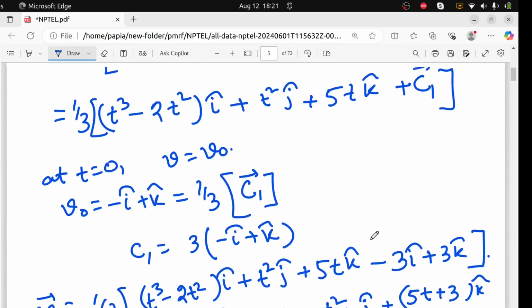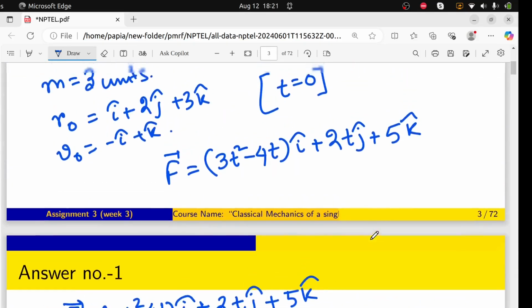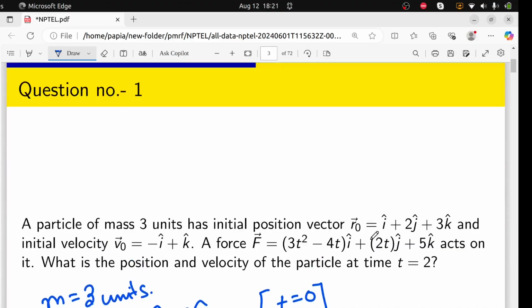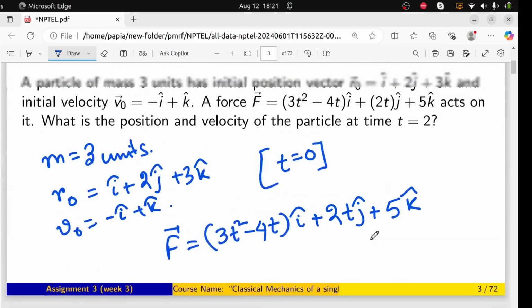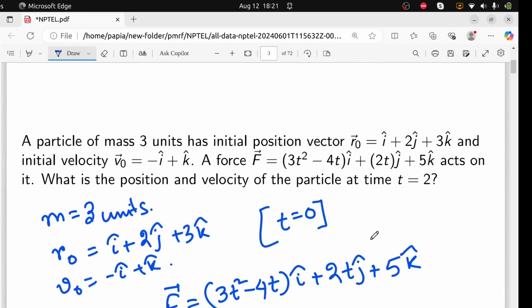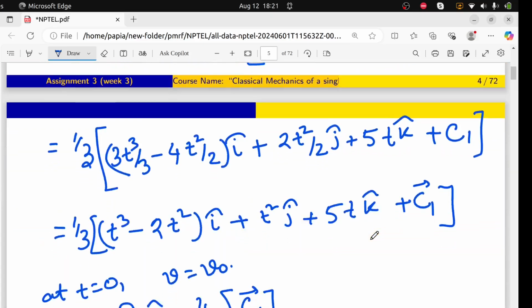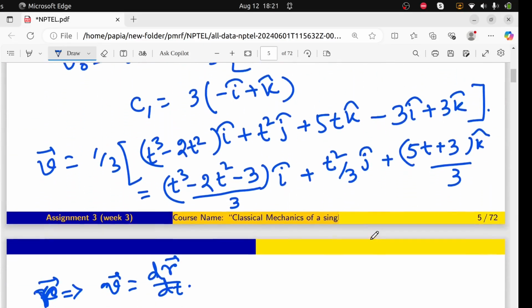Now what is the question? The question was, at t equals to 2, what is the position and velocity? So first, the velocity at t equals to 2.